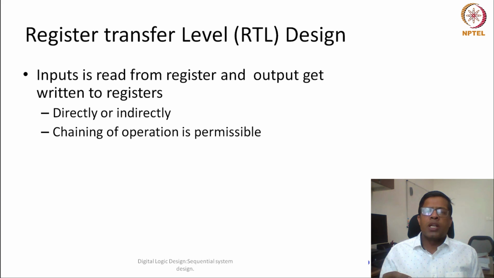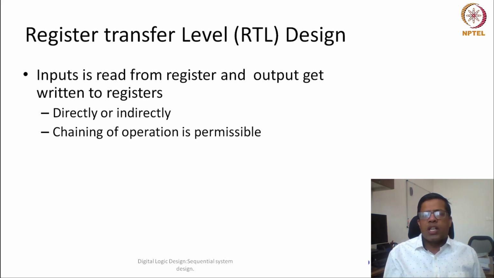Say there is an AND gate reading from a register, and the output of the AND gate goes to an OR gate, and the output of the OR gate is written to a register. In this case, the OR gate is reading from the AND gate directly, but indirectly it is also reading from the register. This is a simpler example.